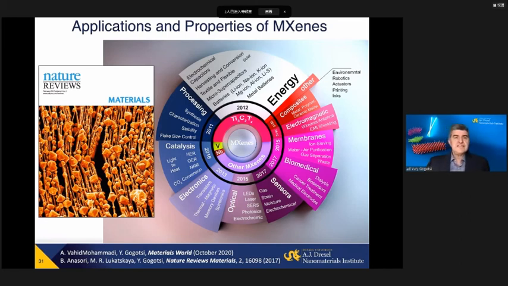But there are many more applications. We still don't understand exactly the mechanism of intercalation of many ions here. We are learning how to truly get multivalent ions between the layers for batteries. And we're trying to find the sweet spot for applications. Where will be the first application?